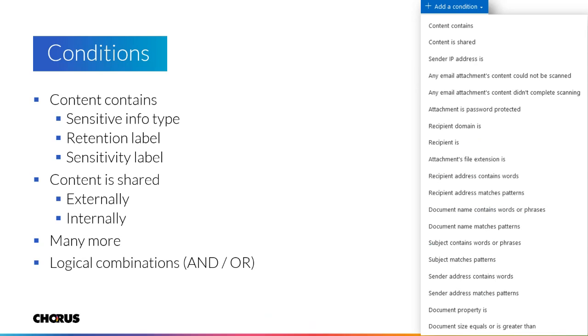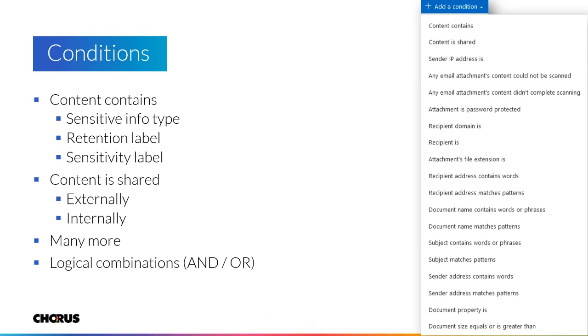Next are conditions. You can trigger a DLP policy based on a whole bunch of different things. So the most common ones, content contains, that could be sensitive information types again, or it could be content that's labeled either with a retention label or a specific sensitivity label.